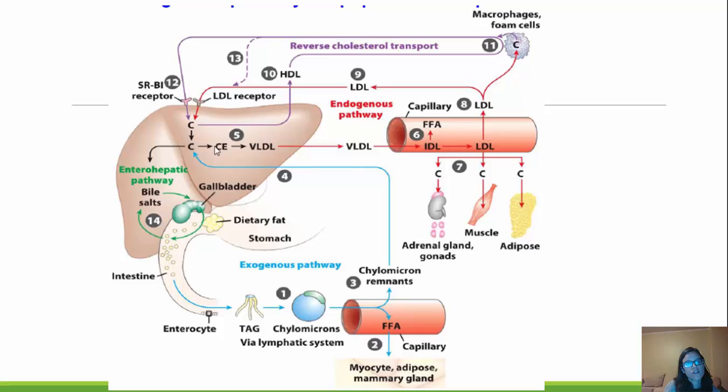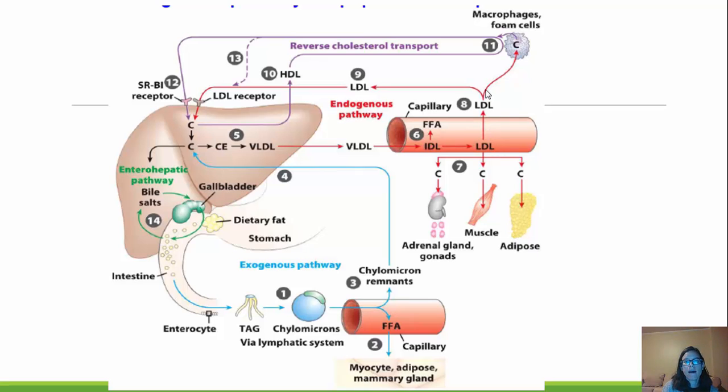And so we have cholesterol here, and the cholesterol is esterified and packaged up into VLDL. Our VLDL is then converted to IDL and LDL, and cholesterol is delivered to our extrahepatic tissues.